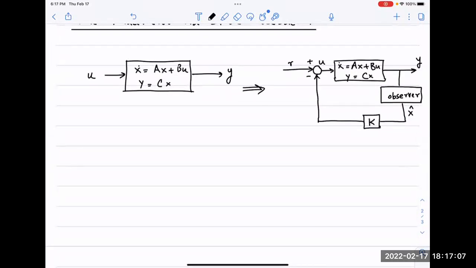In most cases the reference can be 0, because you can always assume a shift in your state, so if you change your initial condition or your notation, then you can always assume that the reference is 0.